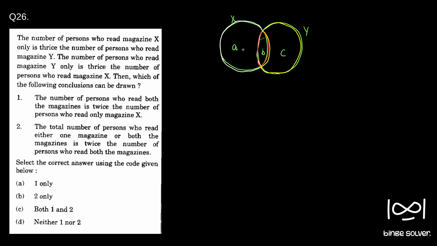So what does region A represent? Region A represents the people who read magazine X alone.